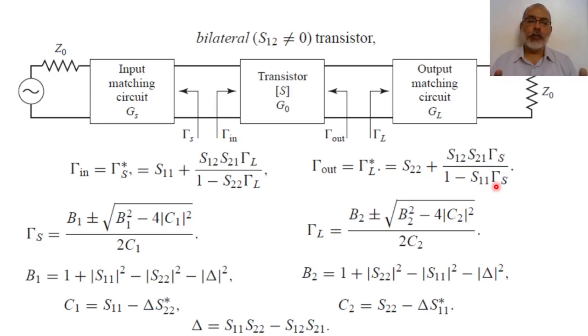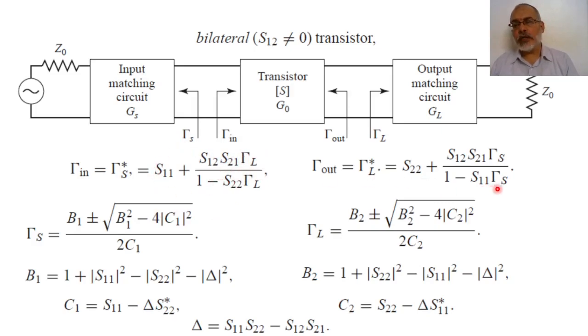And to obtain maximum gain, the gamma input should equal the conjugate of gamma source and gamma output should equal the conjugate of gamma load. This means from this we have an equation which relates gamma source, gamma load and the S parameters of the transistor.